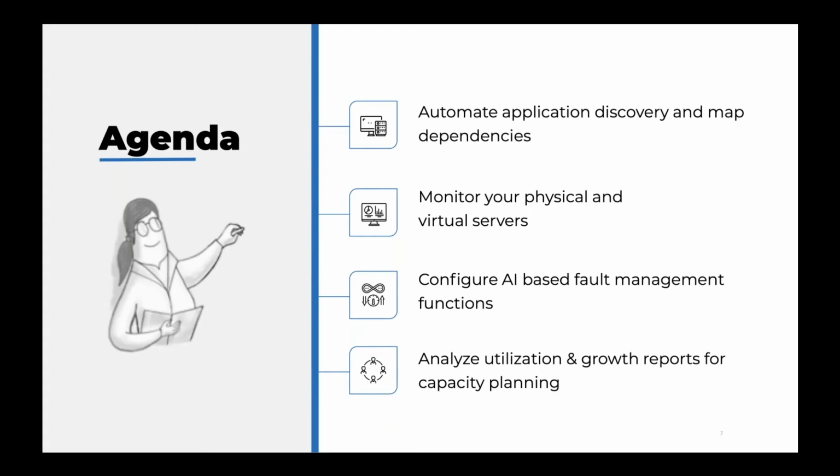That is, the product triggers a discovery process, and it adds all of the applications and servers within the Applications Manager console. And then it also offers a business view which helps you see the dependencies, that is the relationship between various servers and applications in your IT ecosystem.